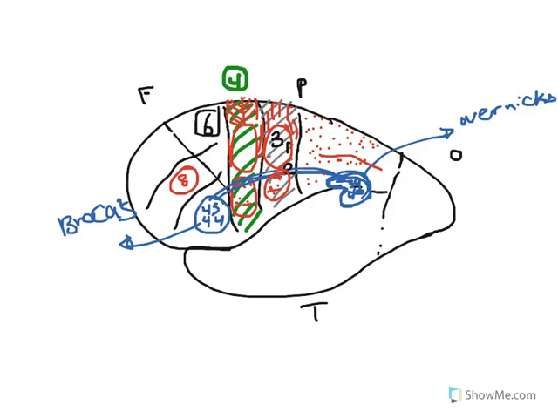So, for example, if you give a normal subject a pen and put it in his right hand and ask this person to identify blindly, without opening his eyes, what is in his right hand, of course he will tell you that this is a pen or a book or whatever you give.